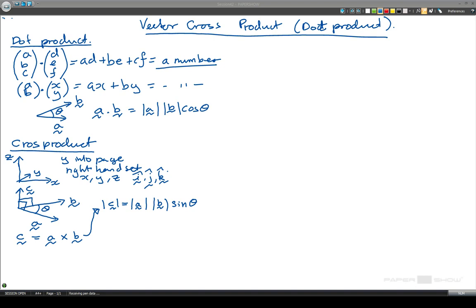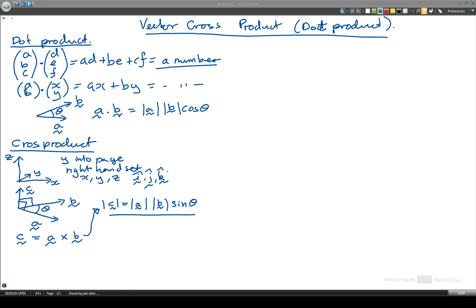Okay, so how to calculate? One way of calculating it would be with this equation here, but we can do things a bit better than that. So I want to describe 3 different ways of calculating the cross product.